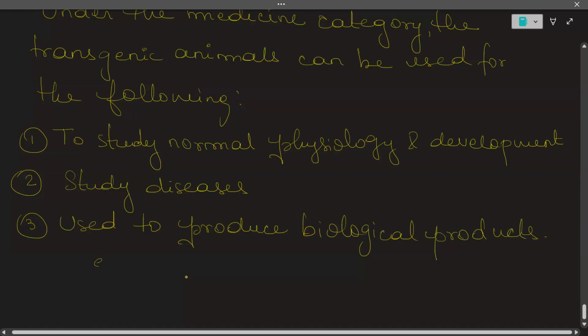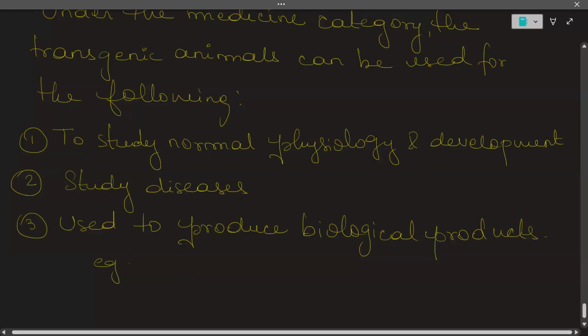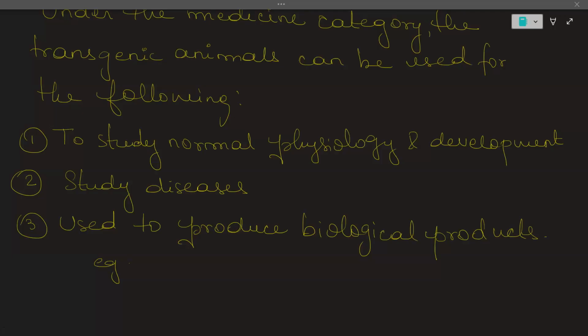For example, there is a particular transgenic animal that can be used to produce alpha 1 antitrypsin, which is used to treat emphysema. Similarly, there was the first transgenic cow, whose name was Rosie, and that cow was responsible for producing human protein enriched milk, meaning milk with high nutritional value.